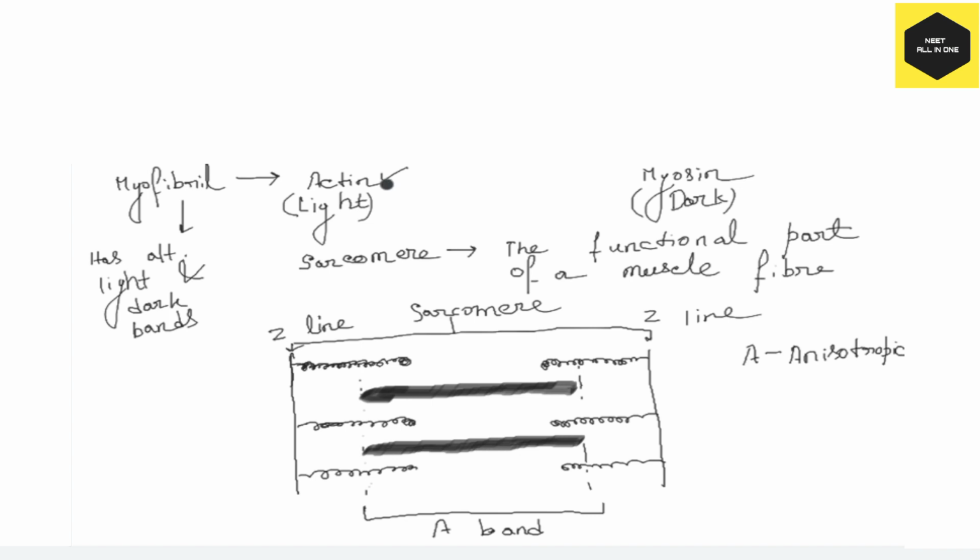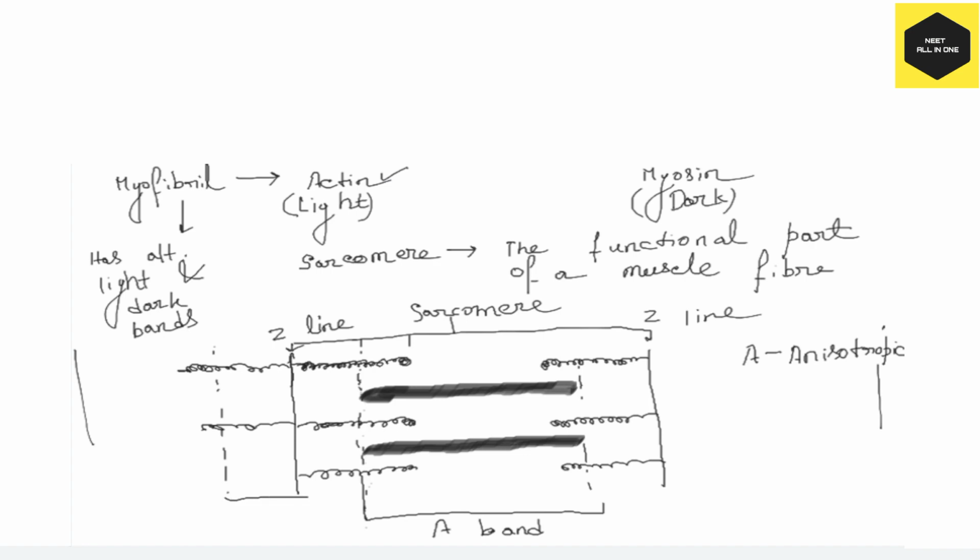And the part where only the actin is present. Now imagine this actin is coming out from this Z line, there will also be actin filaments on the other side, and there will be repeats of sarcomere parallel to each other. I am not drawing those portions. Now that area where there is no myosin, only actin filament is present, means from here no myosin is present, only actin is present.